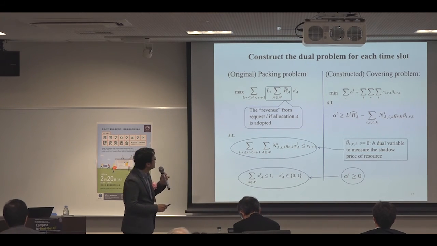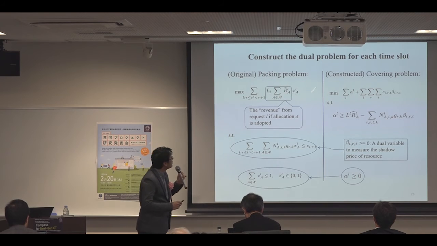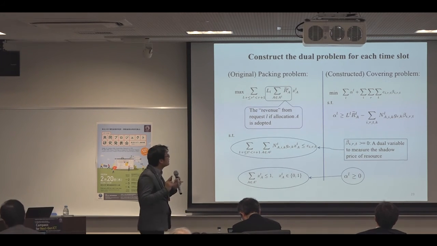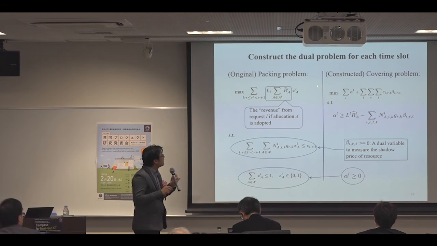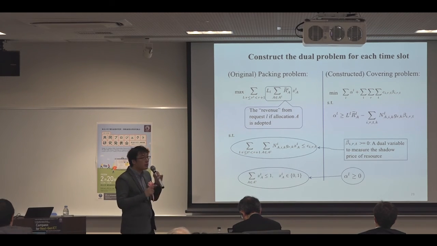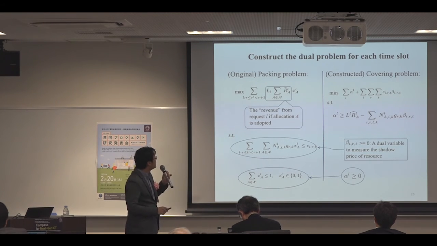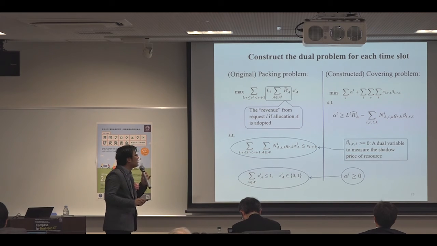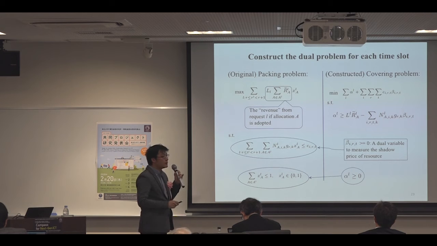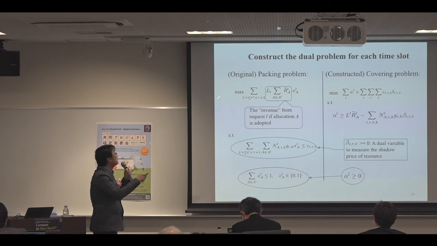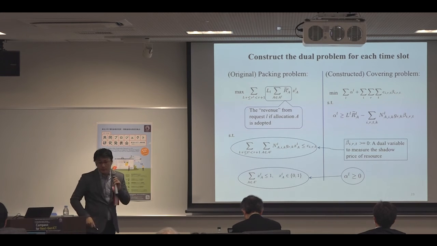The number of decision variables is increasing, but the number of constraints does not change. So instead of the packing problem, we consider the covering problem, and we know the solution of the covering problem provides an upper bound of the original problem.